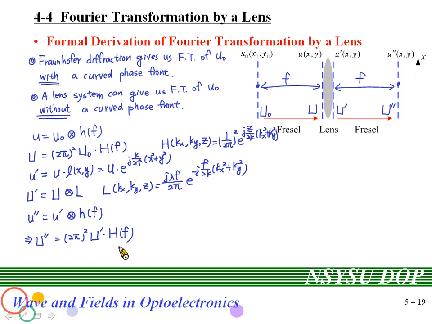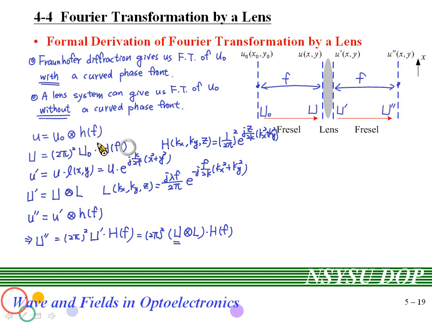And we have obtained that capital U prime can be written in this way. So take this result into here. We can write it as this one. Okay? And again, the capital U here can be written in this equation.